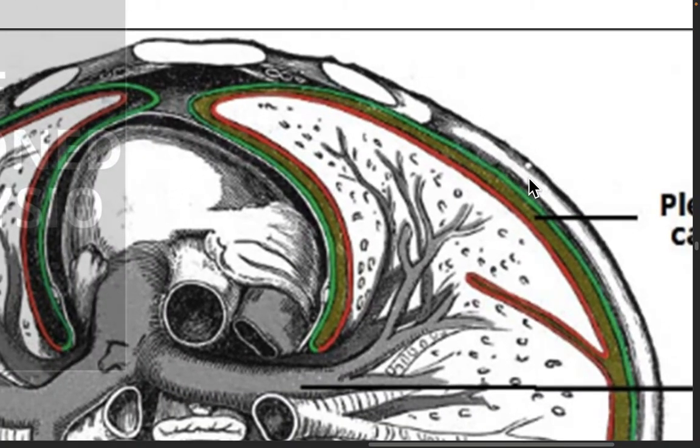This is the rib, this is the parietal pleura, this is the visceral pleura, this is the lung, and this is the pleural cavity in which we have the pleural fluid. When we inhale, the ribs move outwards because of the pump handle and bucket handle movement. The parietal pleura, the outer pleura, is attached to the inner surface of the ribs.